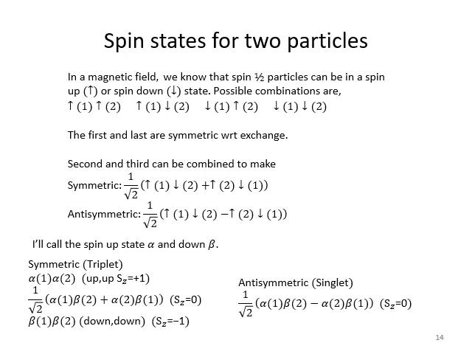But when I have a combination, up, down, down, up, then we can ask, how do I combine those in order to make symmetric and antisymmetric states? In symmetric, we put, let's say, particle 1 up, particle 2 down, and particle 2 up, particle 1 down. Add them together in this way, and then under exchange, we get the same combination back again.